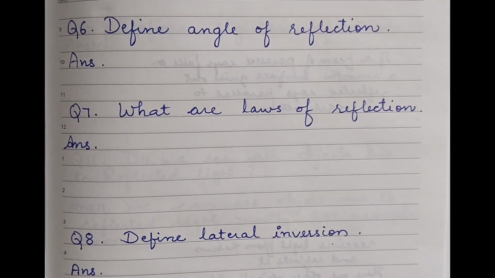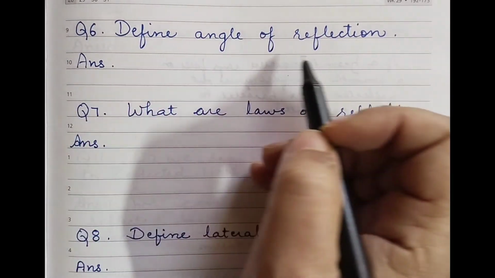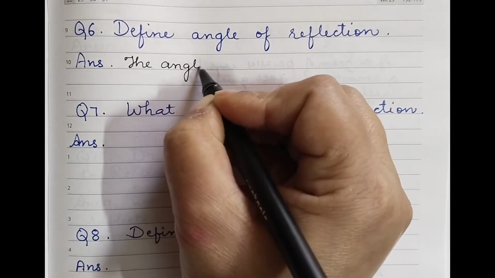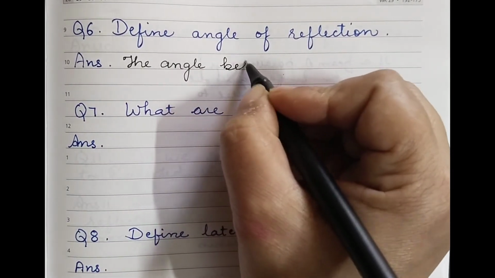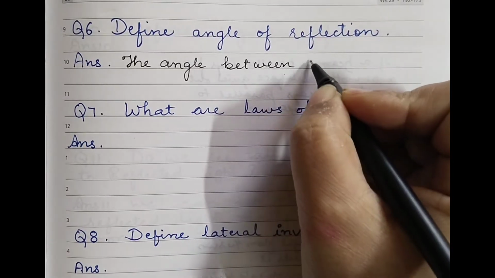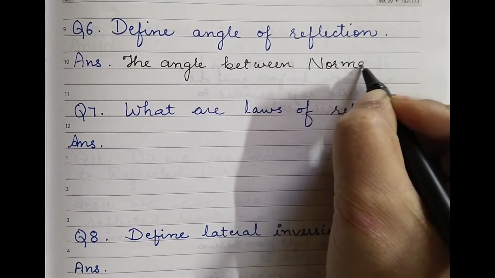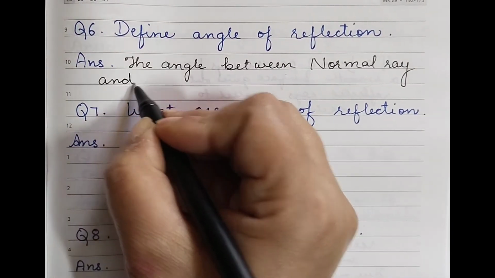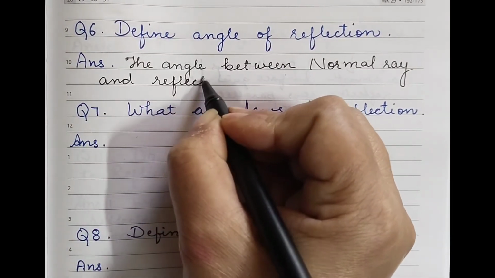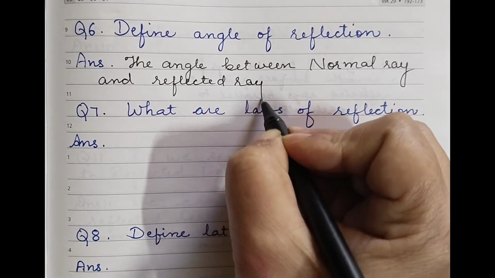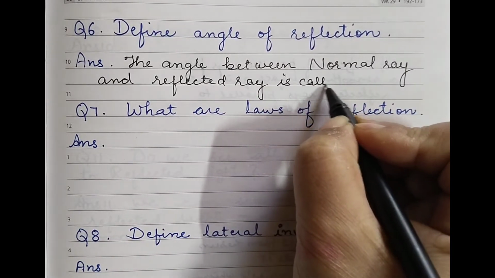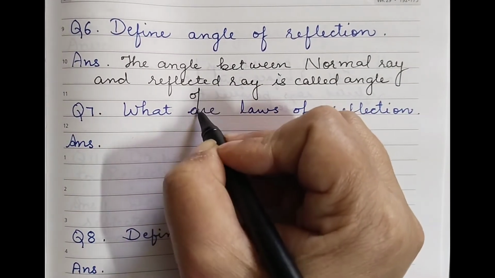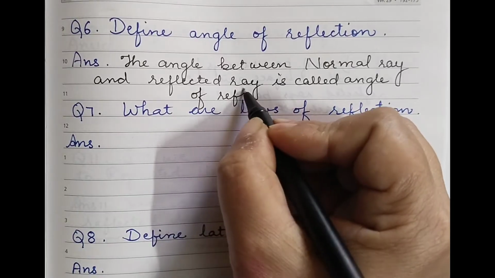Define angle of reflection. What is the angle of reflection? The angle between the normal ray and the reflected ray is called the angle of reflection.